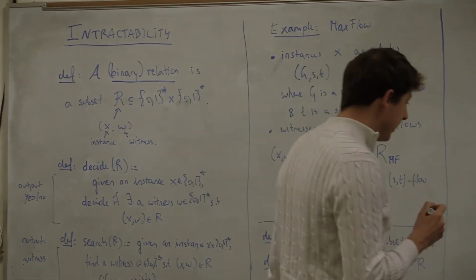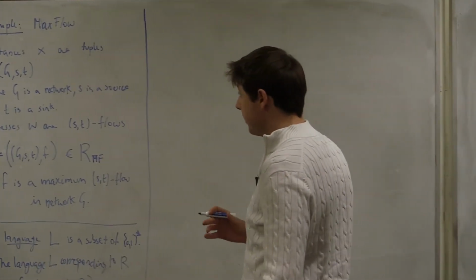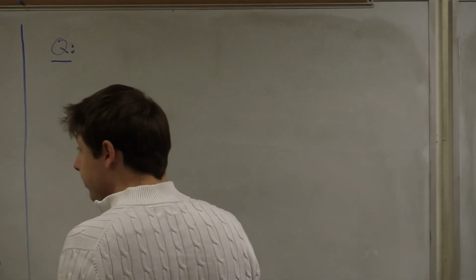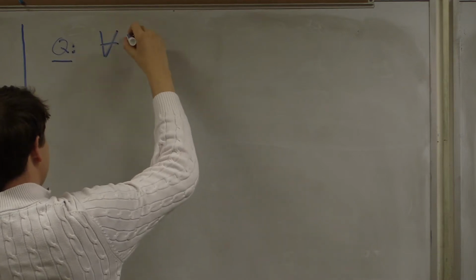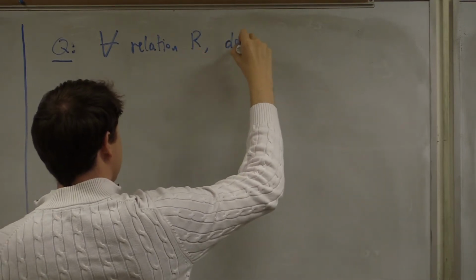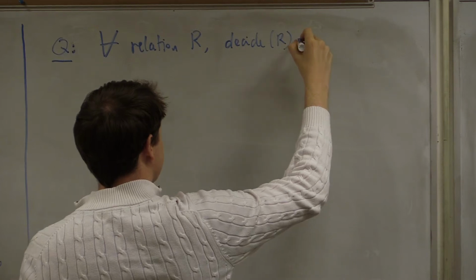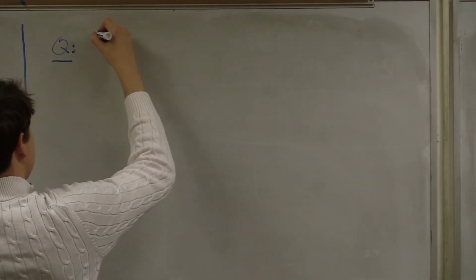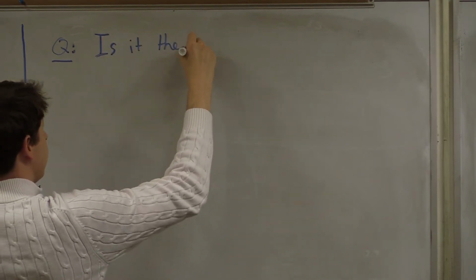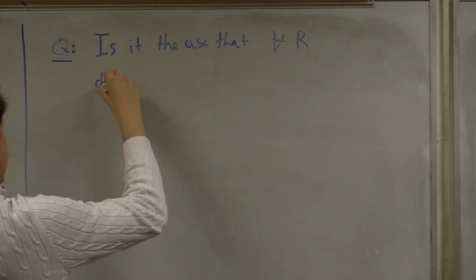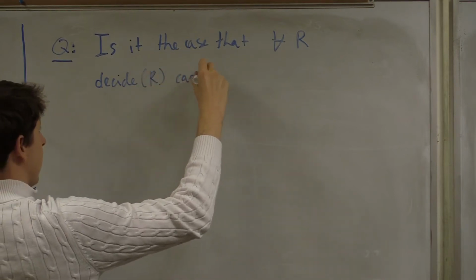Because we want to discuss computational problems in a very abstract sense, a first natural question to ask is, is it the case that for every relation R, the decision problem for R can be solved efficiently?